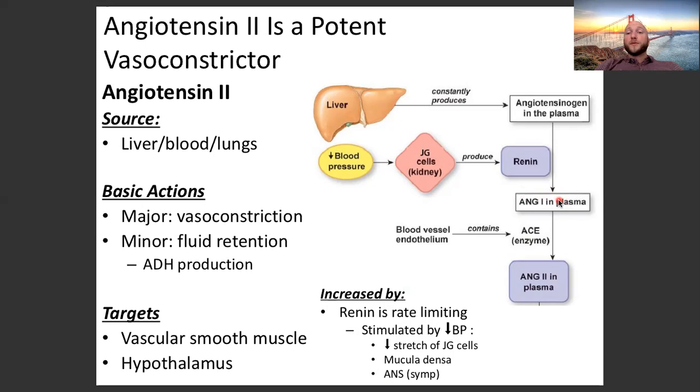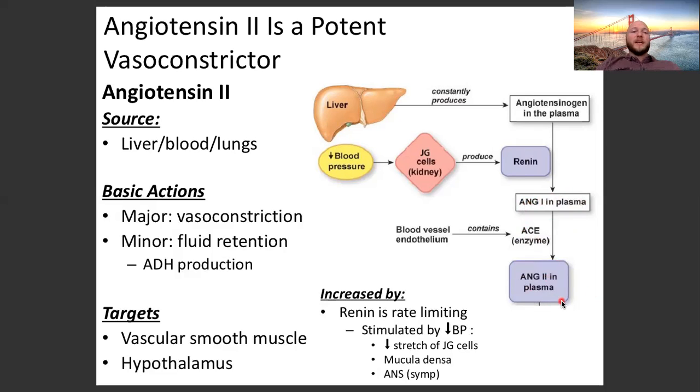Angiotensin 1 floats around our bloodstream and eventually comes to the endothelium within our lungs, where it encounters an enzyme called the ACE enzyme, or angiotensin converting enzyme. Angiotensin 1 is converted into angiotensin 2.